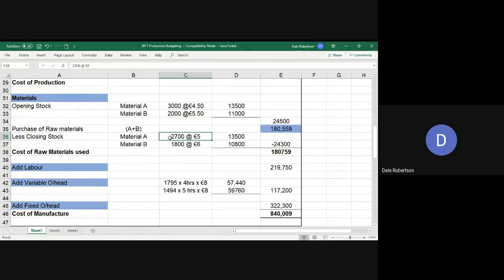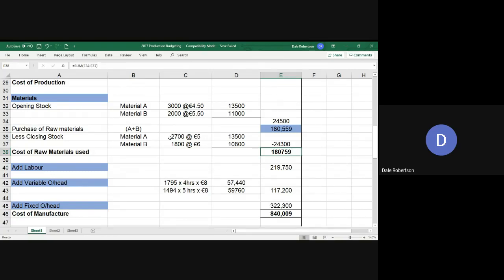The expected price for raw materials during the year are €5 per kilo, and €6 per kilo, for A and B respectively. So it's 2,700 by 5, and it's 1,800, 10% less than opening stock, by 6, and you multiply that out. And then you do your opening stock plus purchases, take away closing stock to give you your cost of raw materials used, 180,759.